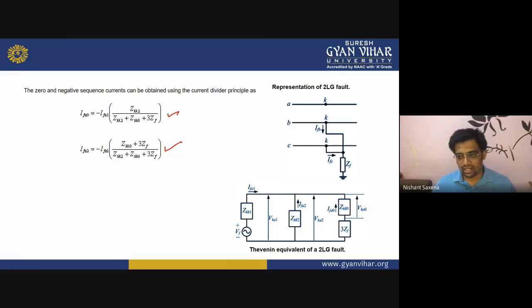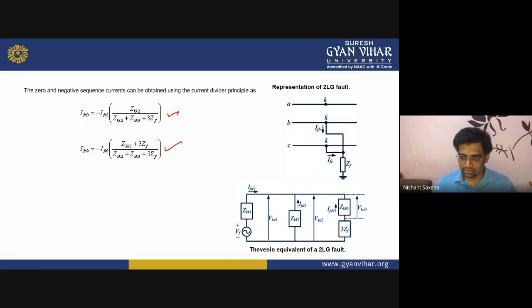When I draw the Thevenin's equivalent circuit for a double line to ground fault, we can see that your positive sequence circuit is coming in series with the parallel combination of the negative sequence component and zero sequence component.